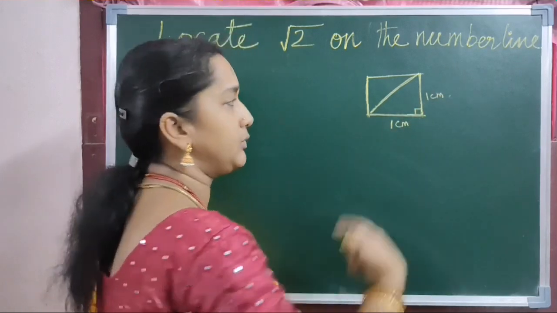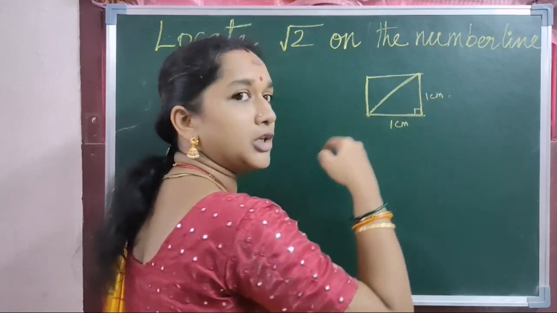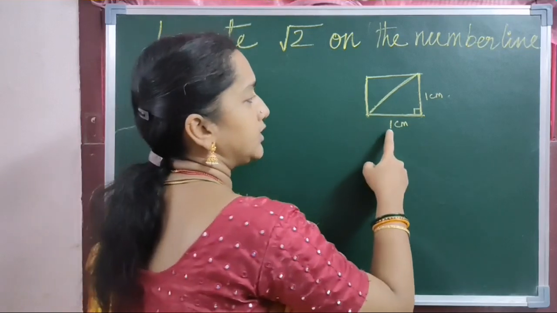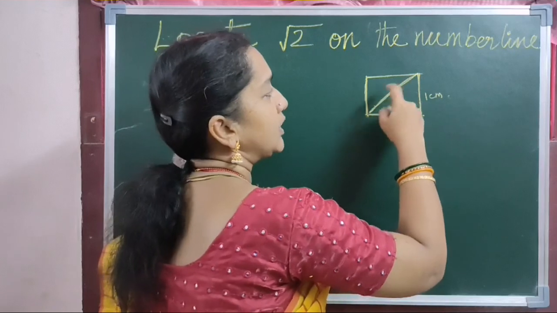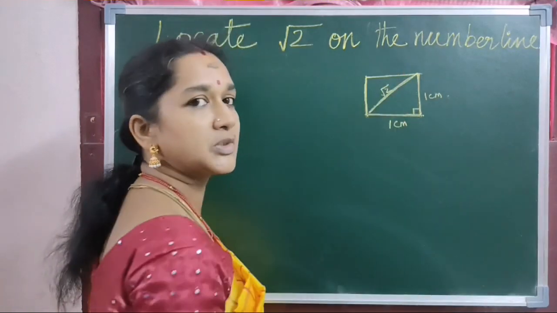Using the Pythagoras theorem, the sum of the squares of the other two sides will be equal to the hypotenuse squared. So 1 squared plus 1 squared is 2. So this length will be root 2.